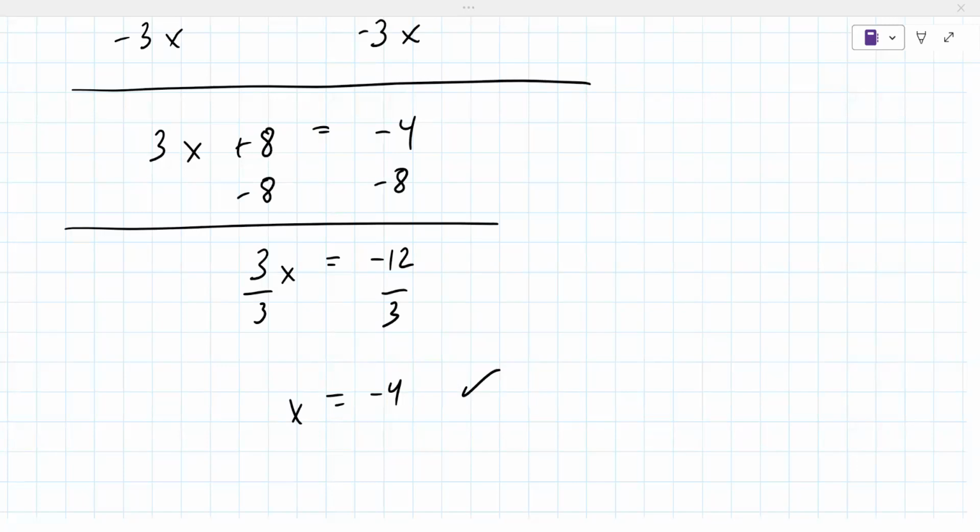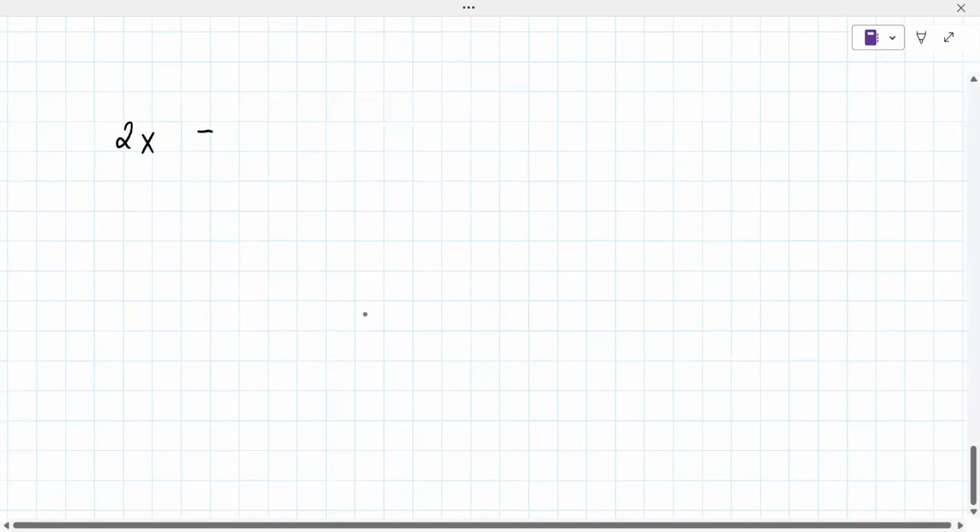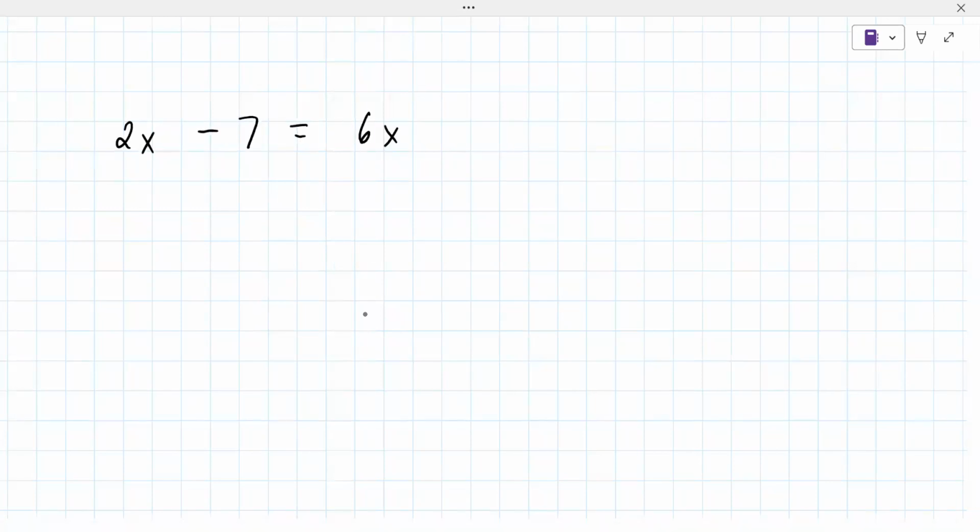Yeah, another problem. All right, let's do it. Let's go: 2x minus 7 equals 6x plus 13. Okay, so go ahead and give this one a try, please.